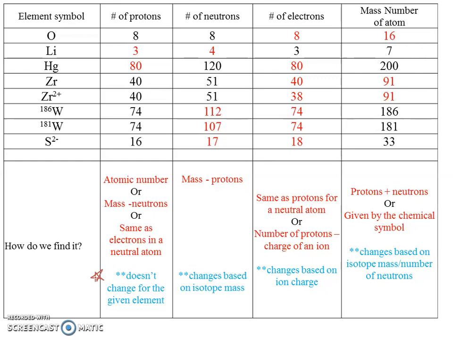The number of electrons changes based on the ionic charge, whether the atom has gained or lost electrons, whether it has become positively charged or negatively charged. And the mass number of the atom changes based on the isotope mass, or the mass number of the atom, and it also changes with the number of neutrons.